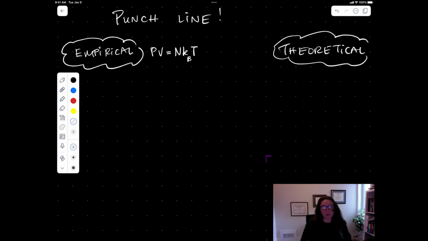So finally, we are at the point where we can compare the empirically derived ideal gas law, PV equals nkT in physics form, against this PV looking thing that we just derived from basic principles, which is PV equals 2/3 average kinetic energy.